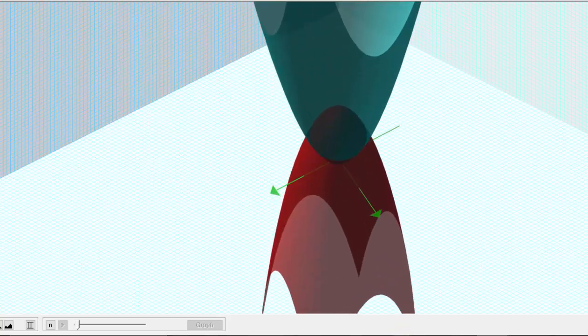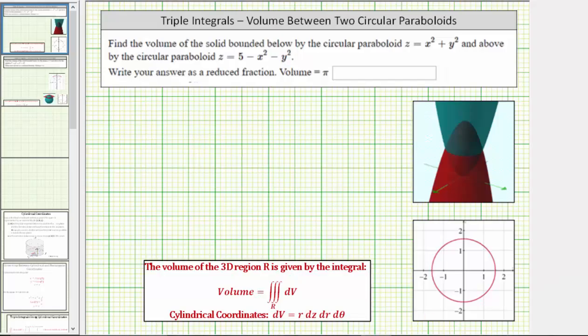So going back to our work, let's first determine the equation of the circle of intersection projected onto the xy plane. To do this, we use the two equations, and let's substitute x squared plus y squared for z in the second equation. This gives us x squared plus y squared equals 5 minus x squared minus y squared. Let's add x squared and add y squared to both sides of the equation, which gives us 2x squared plus 2y squared equals 5.